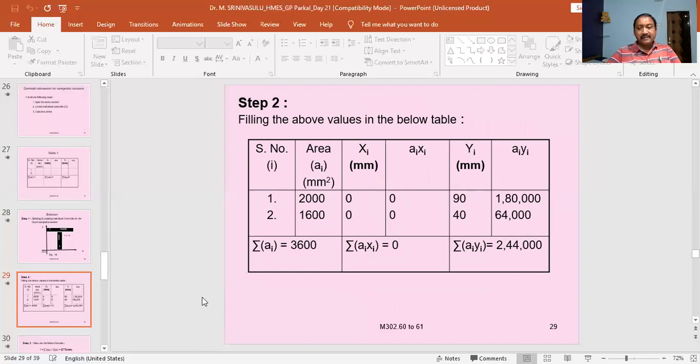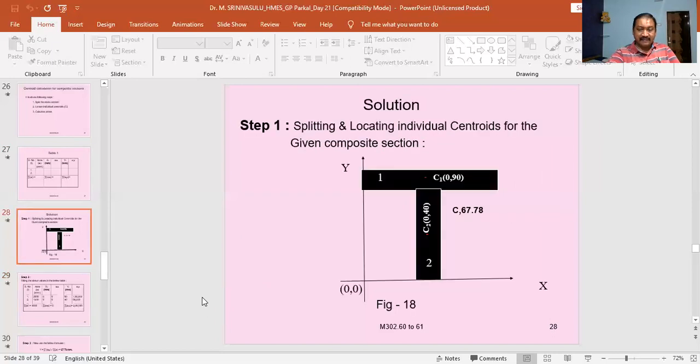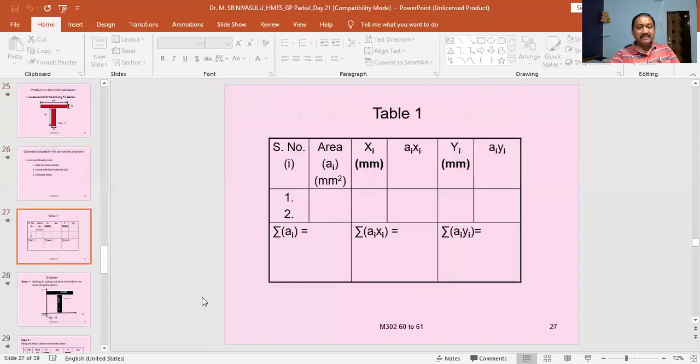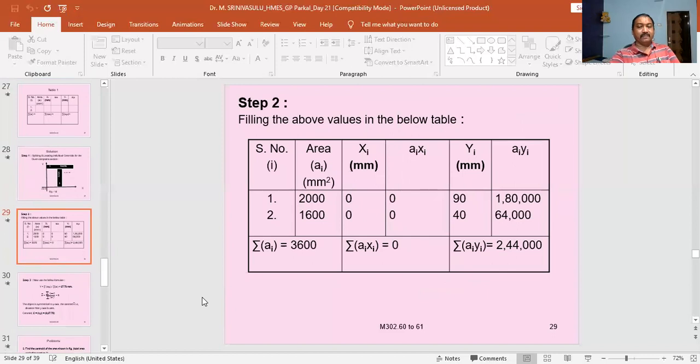Coming to the y coordinate for rectangle 1, the height of the web is 80 from the bottom edge, plus for the top flange, it is acting at a distance of 20 by 2 after 80. So 80 plus 10 is 90. So y1 is equal to 90, and a into y becomes 1,80,000.